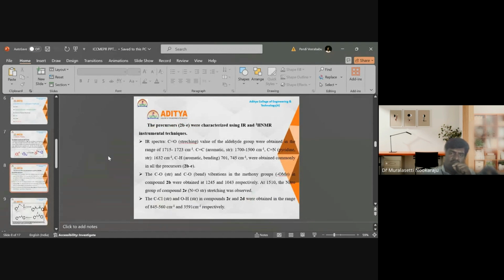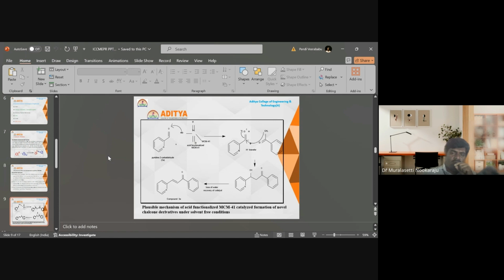And all these materials, the derivatives that were synthesized, have been characterized by their IR and NMR, which will give clear information about the functional groups that have been incorporated during the synthesis process. And this is the plausible mechanism for the synthesis of pyridine-2-carbaldehyde derivatives, which are chalcone derivatives, under solvent-free conditions.